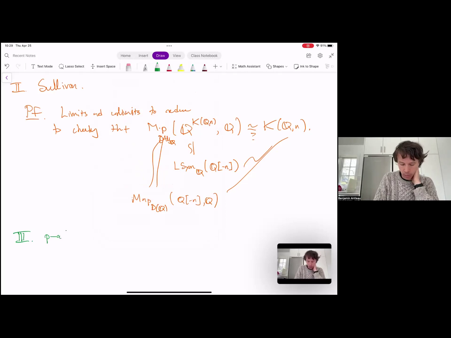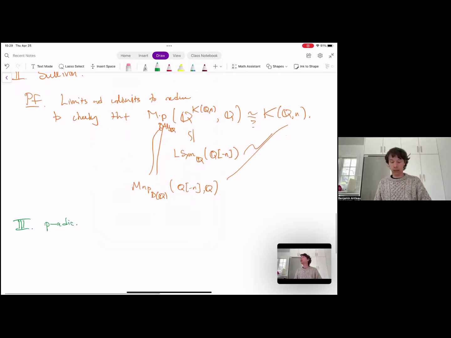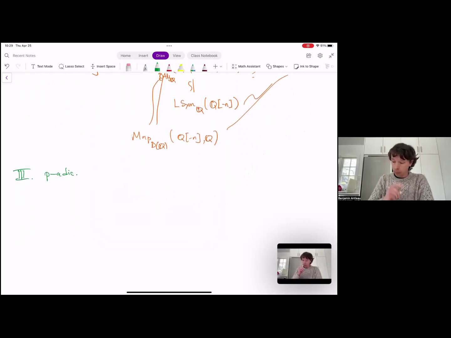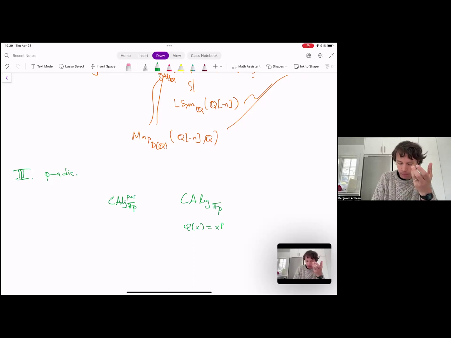So now let me talk about what we're going to do p-adically. Okay, so inside commutative F_p algebras, each F_p algebra has a Frobenius given by phi(x) equals x to the p, and I can look at the perfect ones, so this is just phi as an isomorphism.